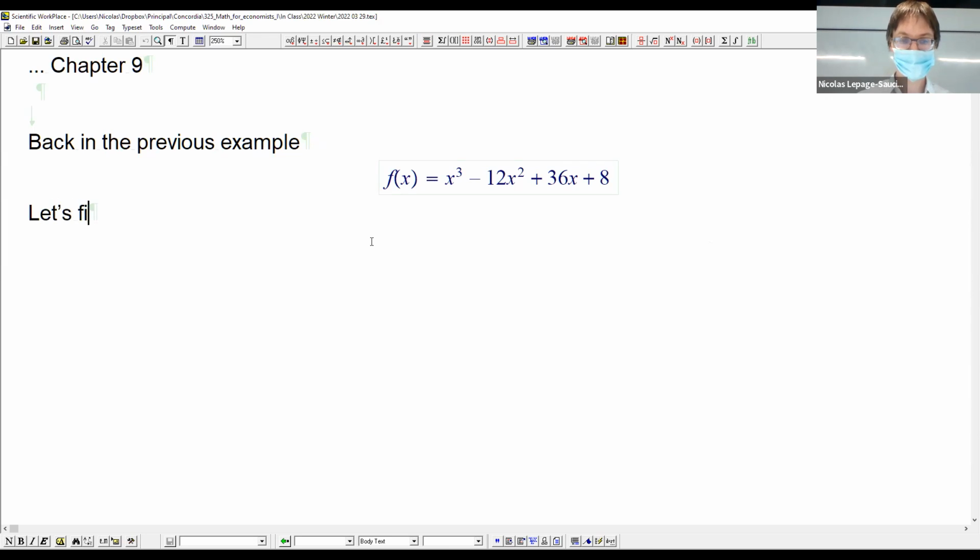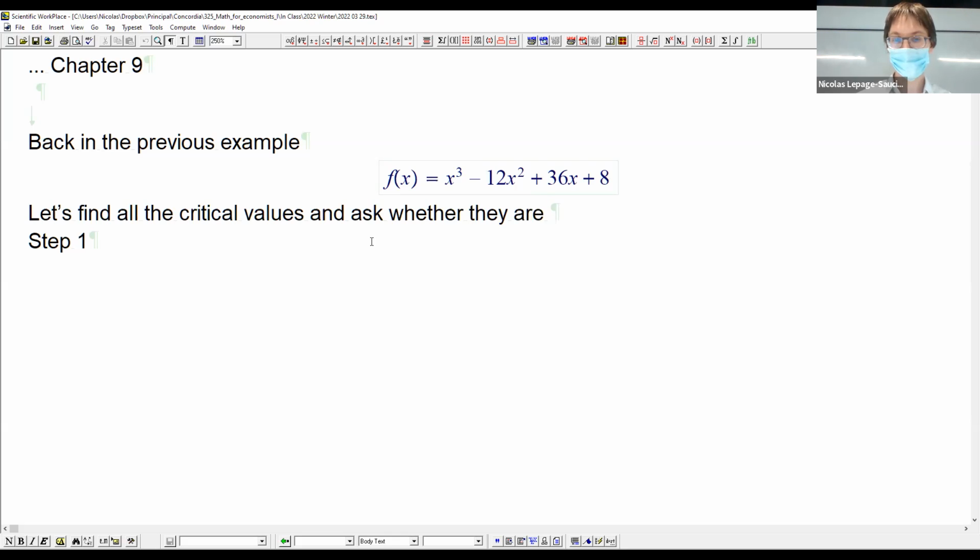Step 1: we find the first derivative and set it to 0, and then check whether they are maximum, minimum, or neither.